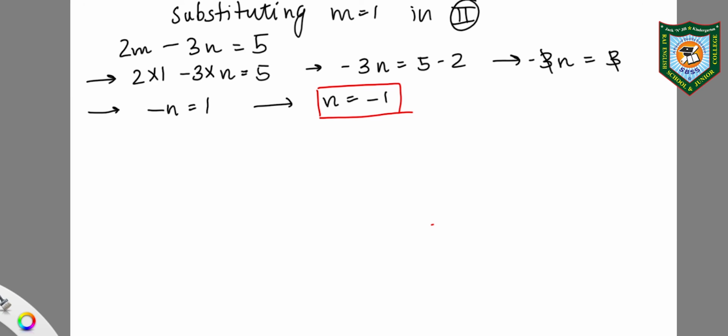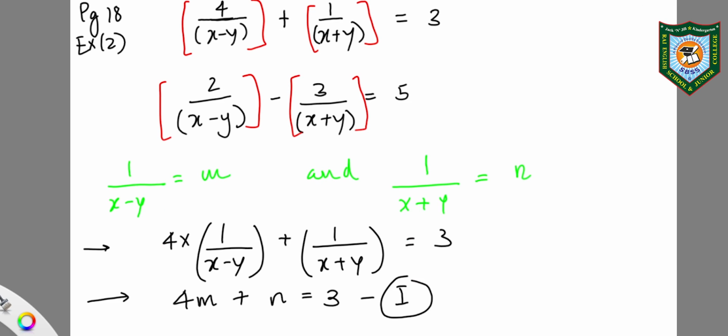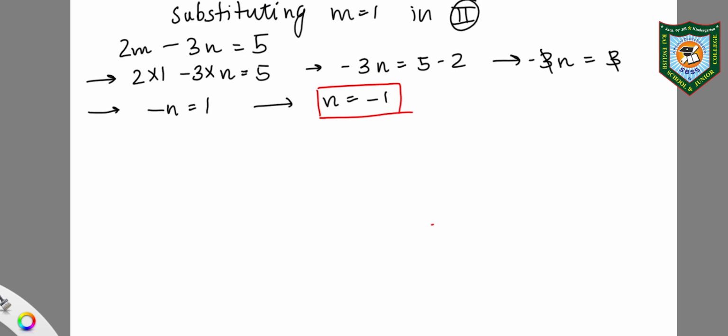Now once I get this, I need to make sure that I replace n and m with the values of x and y that I used in the first case. So going back to our original question, 1 upon x minus y was equals to m, and 1 upon x plus y is equals to n.